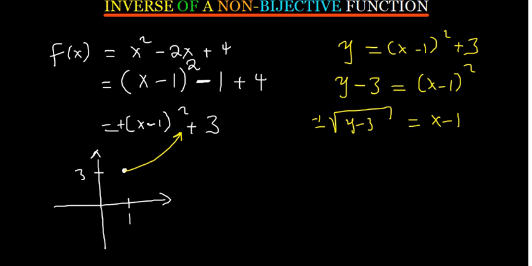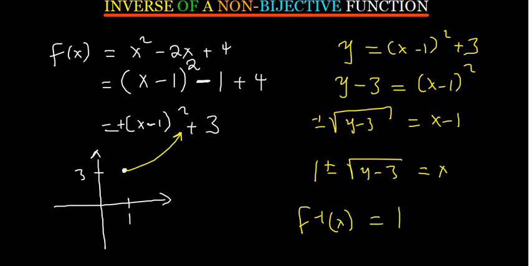So this one will come in front. So that will be 1 plus or minus square root of y minus 3 is equal to x. So therefore f inverse of x is going to be 1, we'll just get a positive square root of x minus 3. If you find the range of this function, it will be 1 to infinity, which is the same as the domain of this function here.